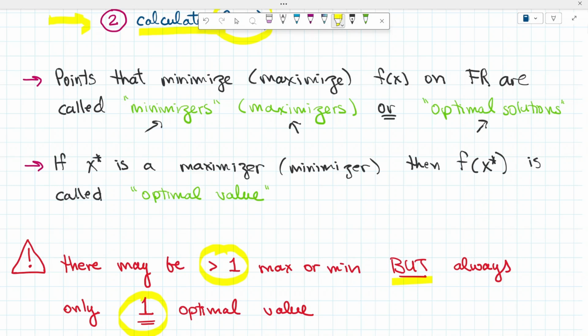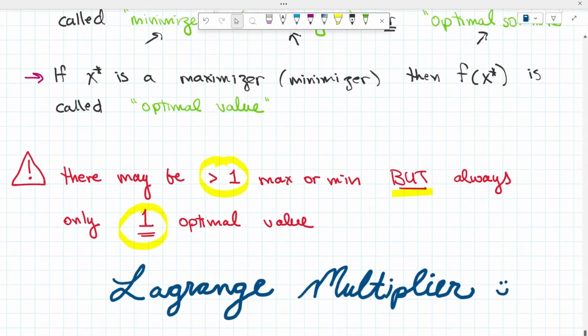So that means that we're potentially going to get multiple candidate solutions, so optimal solutions, and then we're going to plug those all into our function f to see which is truly our optimal value. And again, that depends on whether you're trying to minimize or maximize, because it's possible that you may have more than one local maximum and minimum, maxima and minima. So that's a bit of terminology.